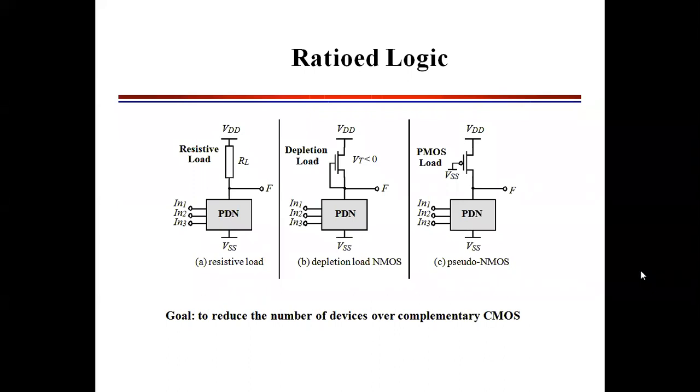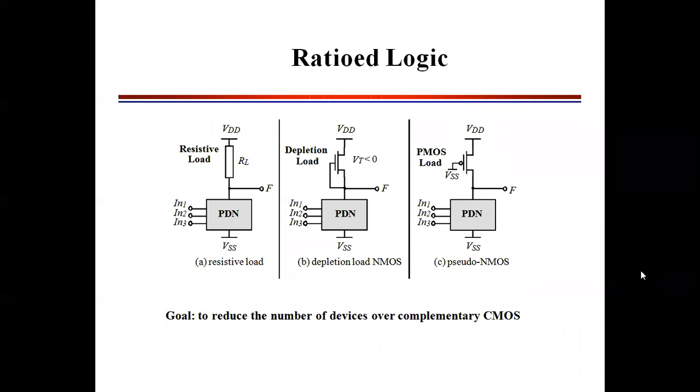First, you can go for a resistive load. You have the pull-up network that you can replace by the resistive load, and you give the input to the PDN. So the entire pull-up network, that is PMOS, is replaced. Now the question may come to your mind, why have we replaced only the PMOS and not the NMOS?